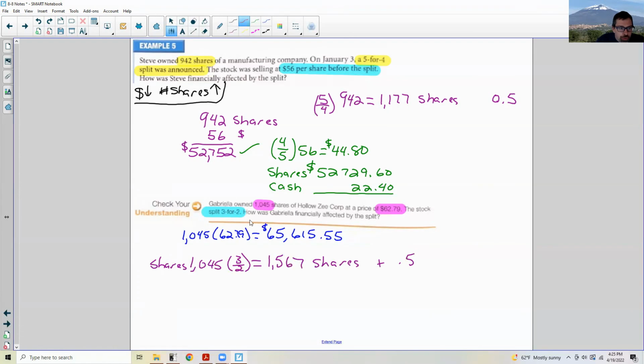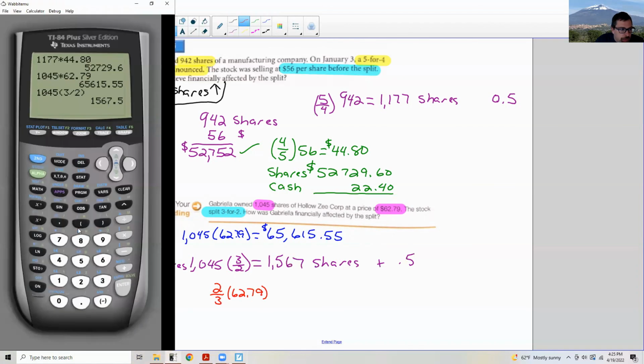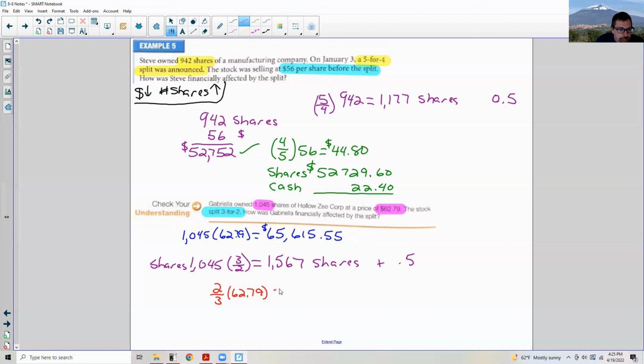Now, when I go to do the value of the stock, you take the ratio the other way because the price is going to decrease, and it's going to be $62.79 times 2/3. Okay, so parentheses 2 divide 3, 62.79 is now $41.86.